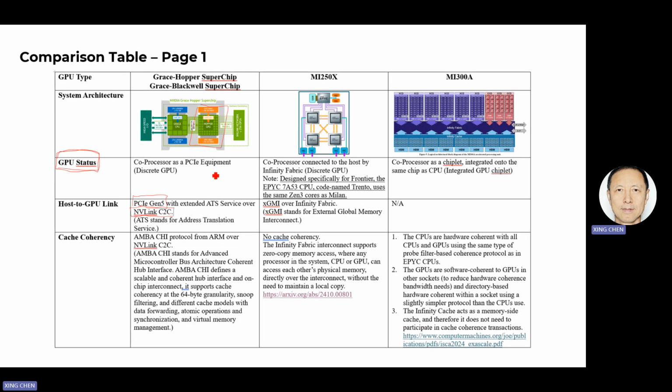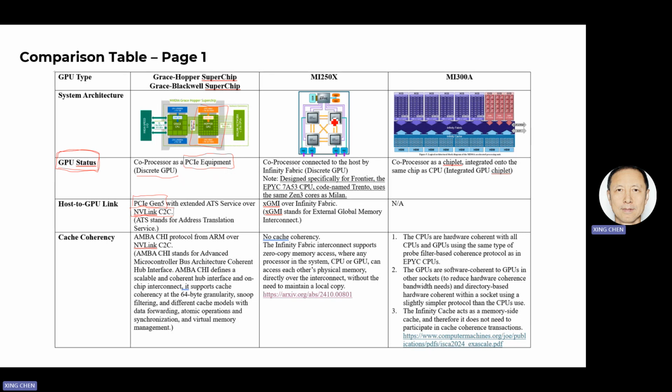So what I'm saying is that the GPU is still a PCIe equipment, even though it's connected to the host by the NVLink C2C instead of the traditional PCIe link. So it is still a discrete GPU, a PCIe equipment. It's a coprocessor. That's their function. It's a coprocessor to the CPU.